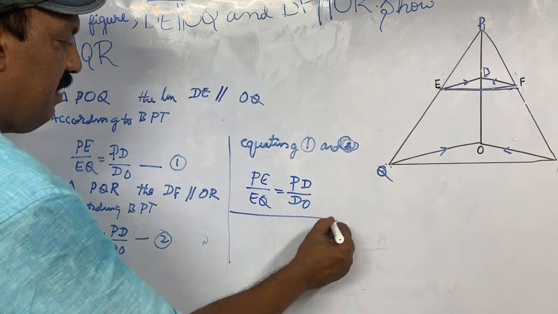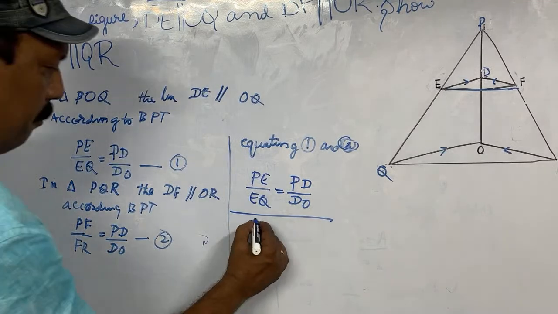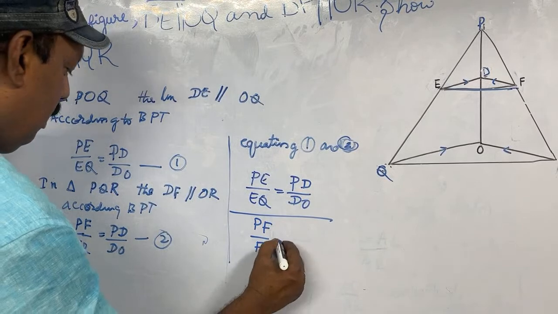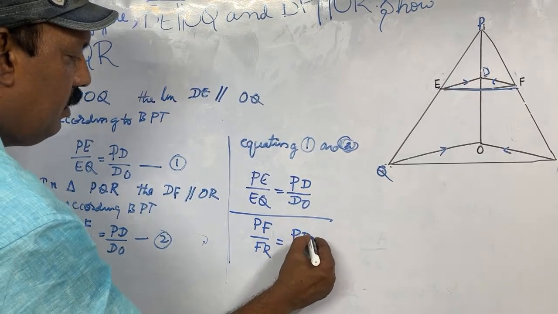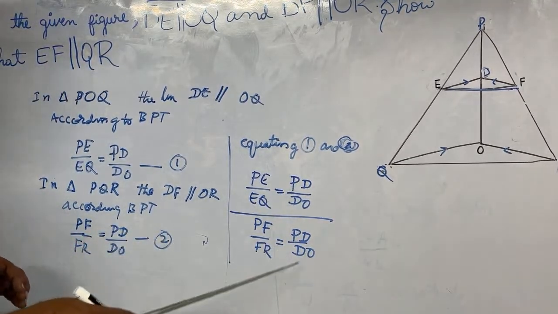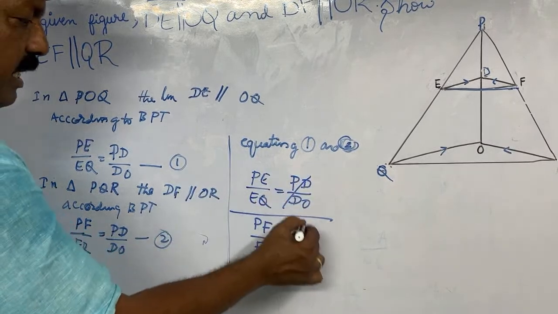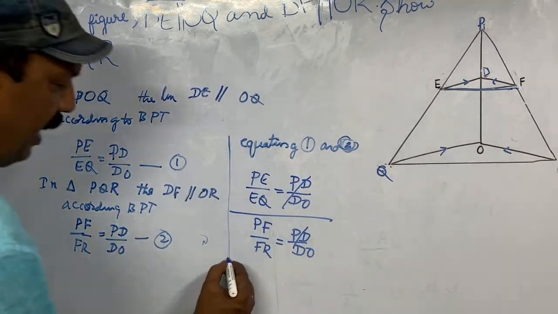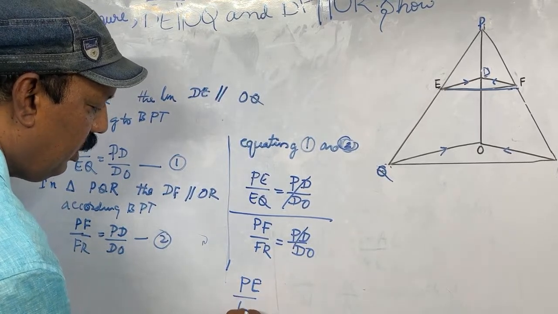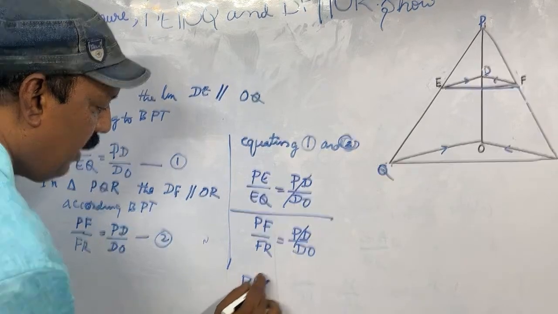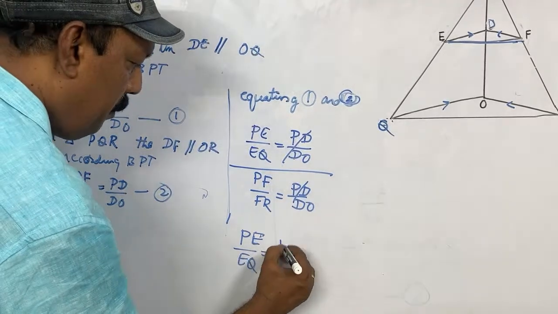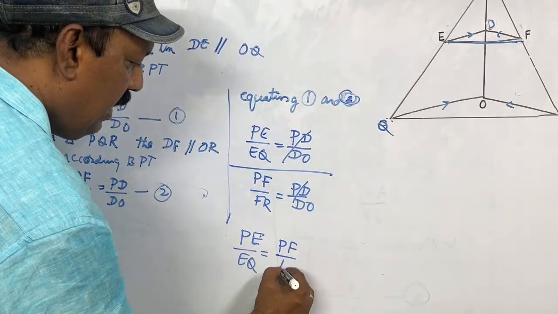The second equation is PF by FR equal to PD by DO. Now PD by DO appears on both sides, so they get cancelled. What is left? Observe this final ratio: PE by EQ equals PF by FR. This will give us the perfect answer.